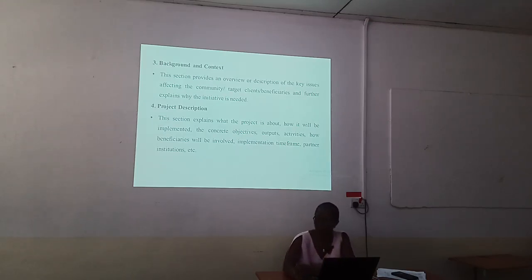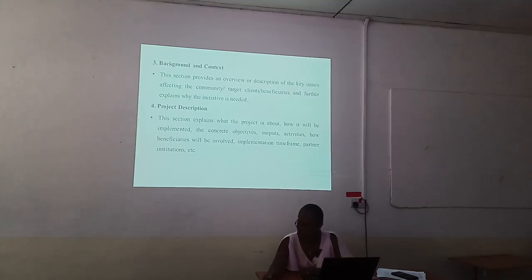For example, if you are doing a certain youth program, maybe ending early pregnancies in the youth, you need to list all the activities that you are going to do. Maybe you are starting with workshops, sensitization meetings, whatever you are going to do. You need to outline those activities and also the time frame. After this workshop, we'll have sensitization meetings, maybe during this period, the time frame.